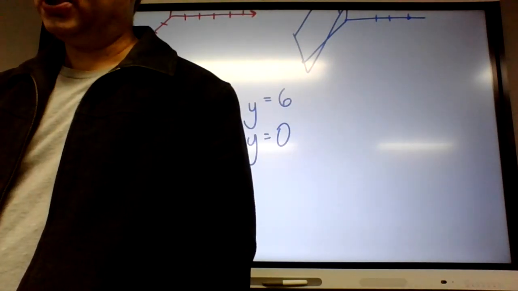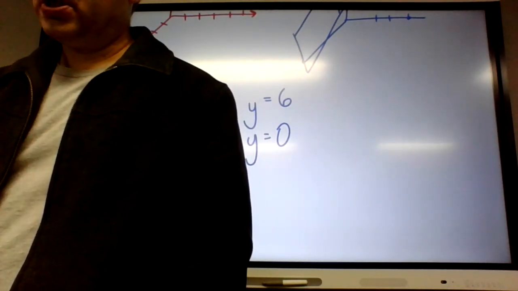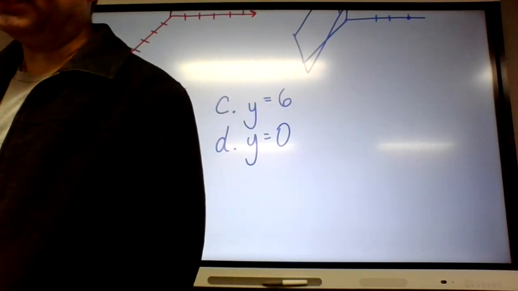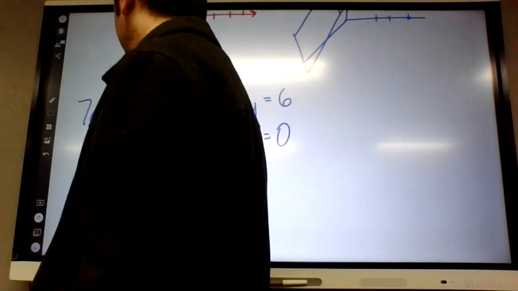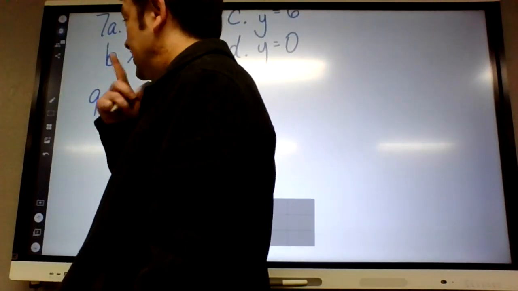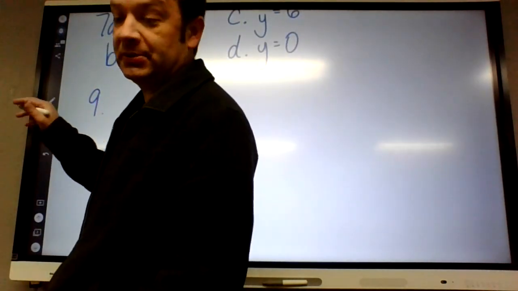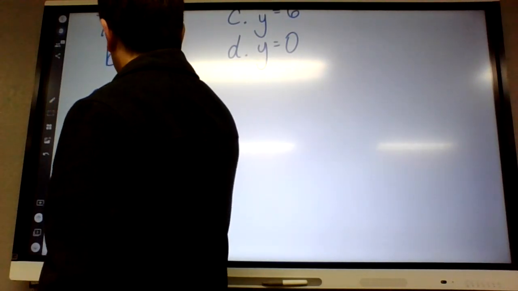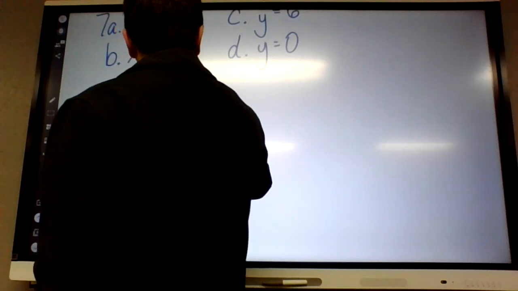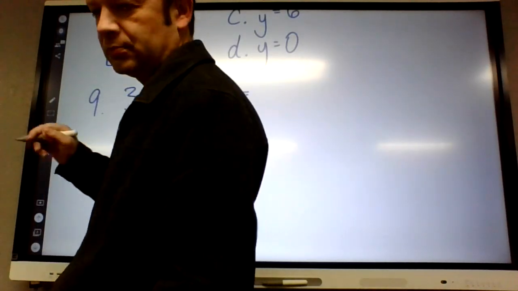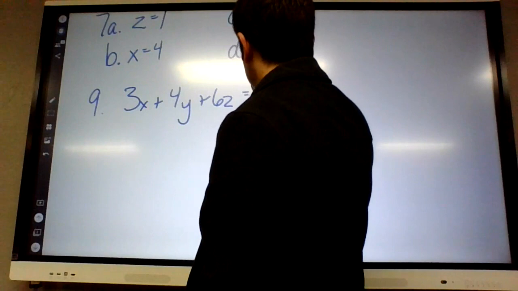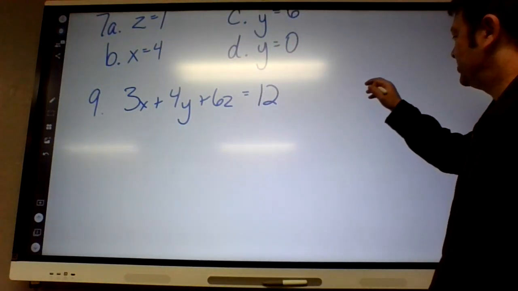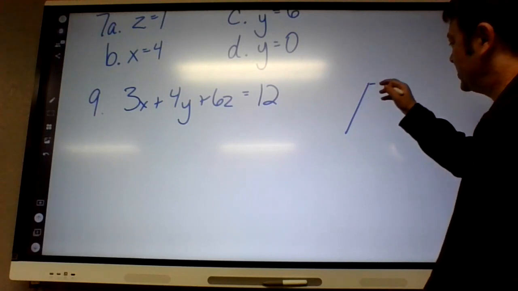Alright, these are super easy. Well, turns out a vector that's perpendicular to a plane in 3D, say 3x plus 4y plus 6z equals something. Let me write this one down real quick. You guys know what it means for a line or a vector to be perpendicular to a plane?